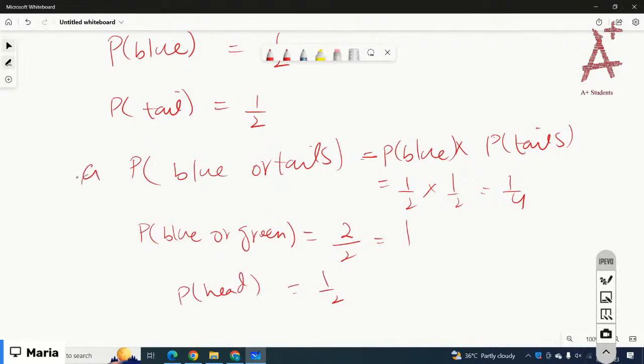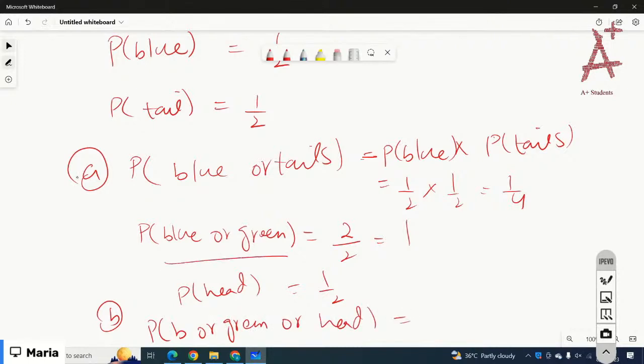Probability of blue or green is 1 and head is 1 over 2, so the product would be 1 over 2, right? So the probability of blue or green and head is 1 over 2.